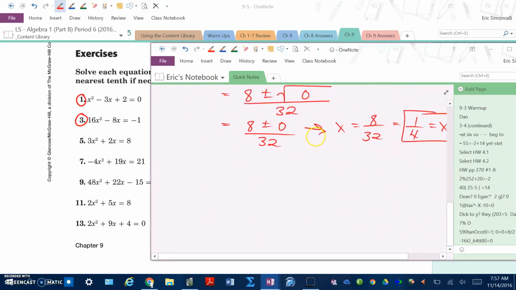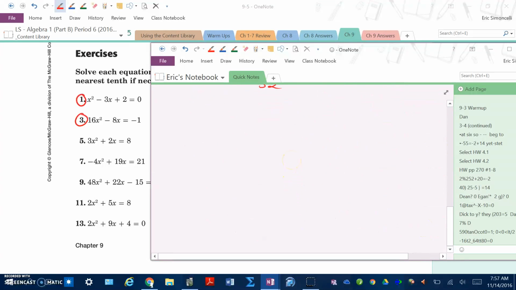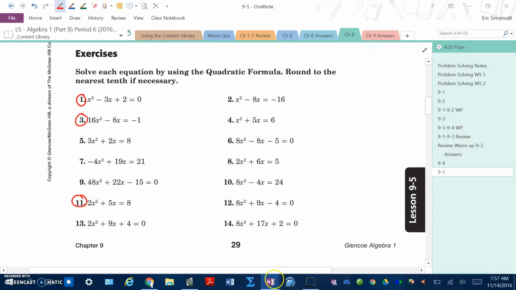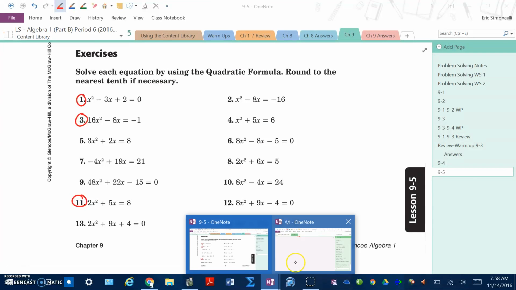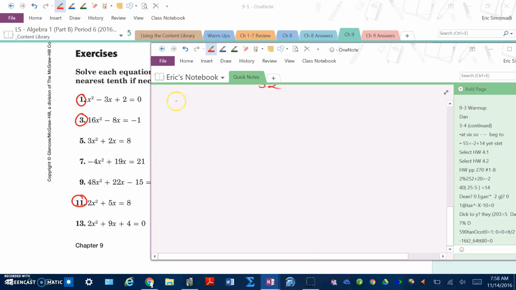Let's move on to problem 11. Number 11 is a nice problem to follow with here. So let's continue. We've got a quadratic equation, 2x squared plus 5x equals 8. I'll subtract 8 to set it equal to 0. And again, we'll identify a, b, and c.